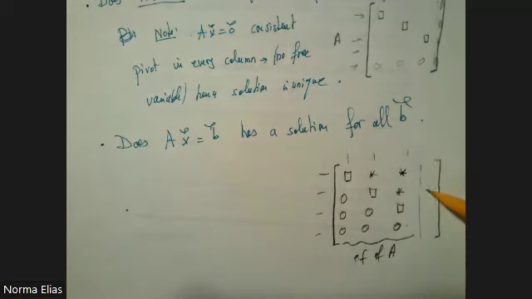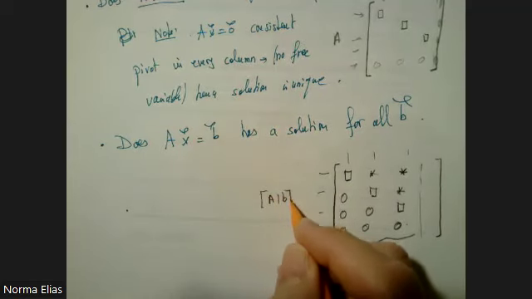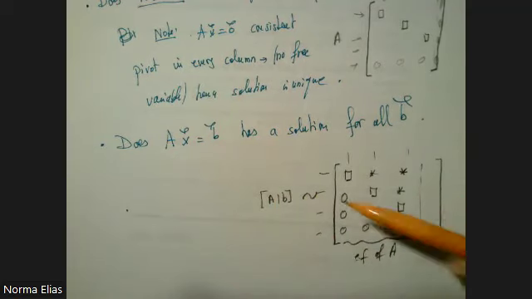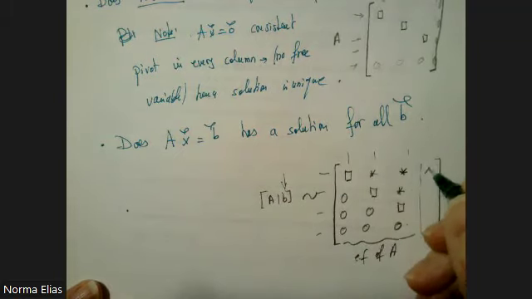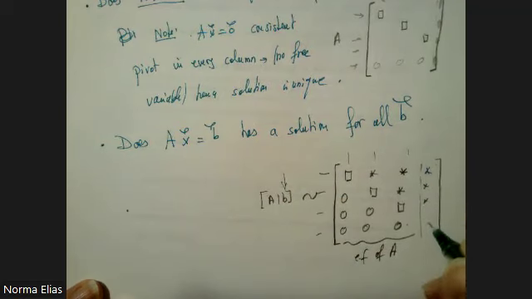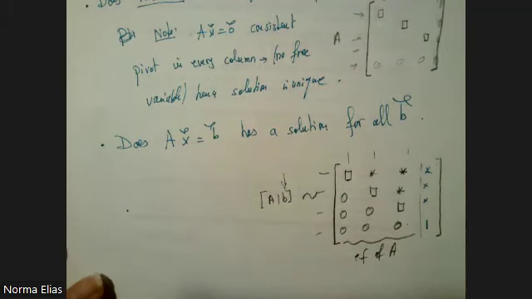It means if I put anything here, so that [A|B] is equivalent to that, can I put anything here and generate a solution? Yes or no? Absolutely not, because that's the echelon form. If I take a vector, something, something, something, 1, I can always reverse my operations to create a vector B which will lead me to that.